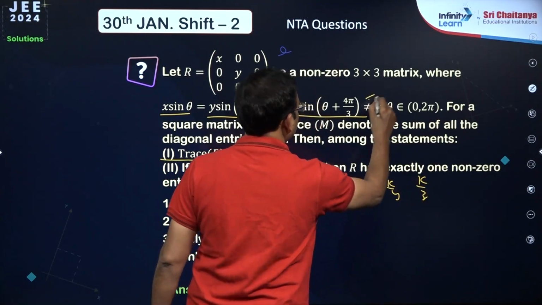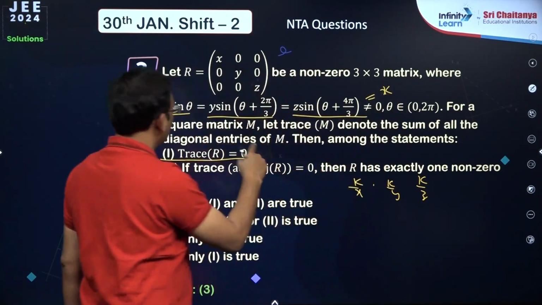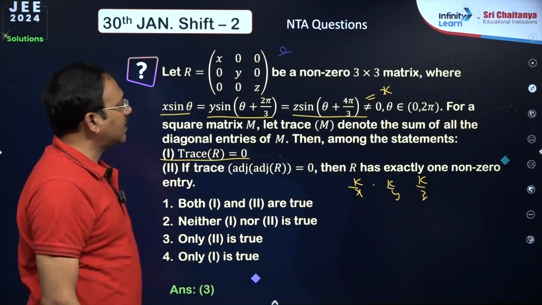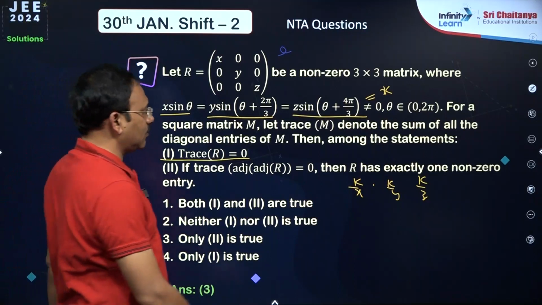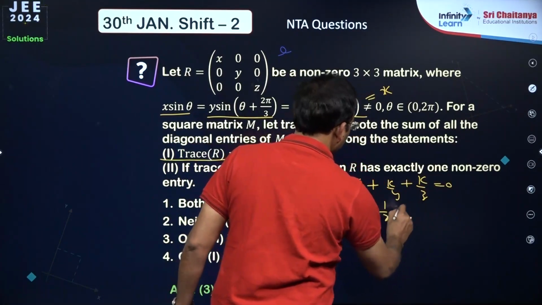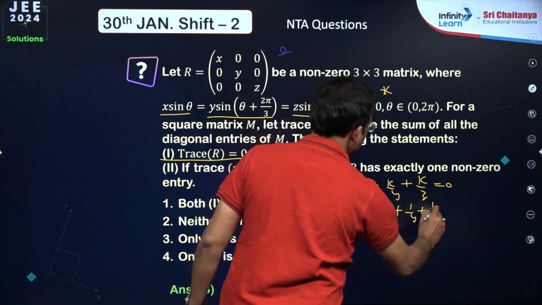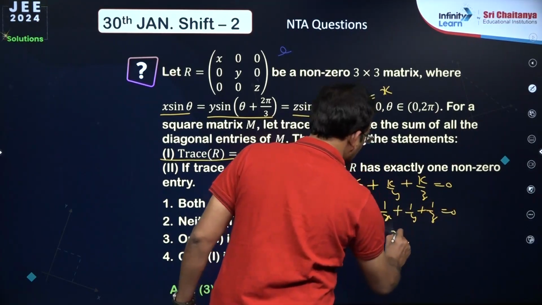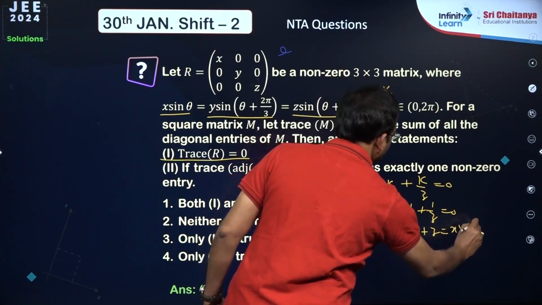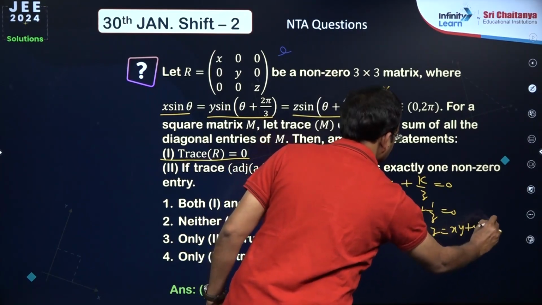You know that the result sin theta plus sin 120 plus theta plus sin 240 plus theta will become 0. So this sum is going to be 0, my dear friends. So 1 by x plus 1 by y plus 1 by z is 0. So that means x plus y plus z is equal to xy plus yz plus zx, my dear friends.